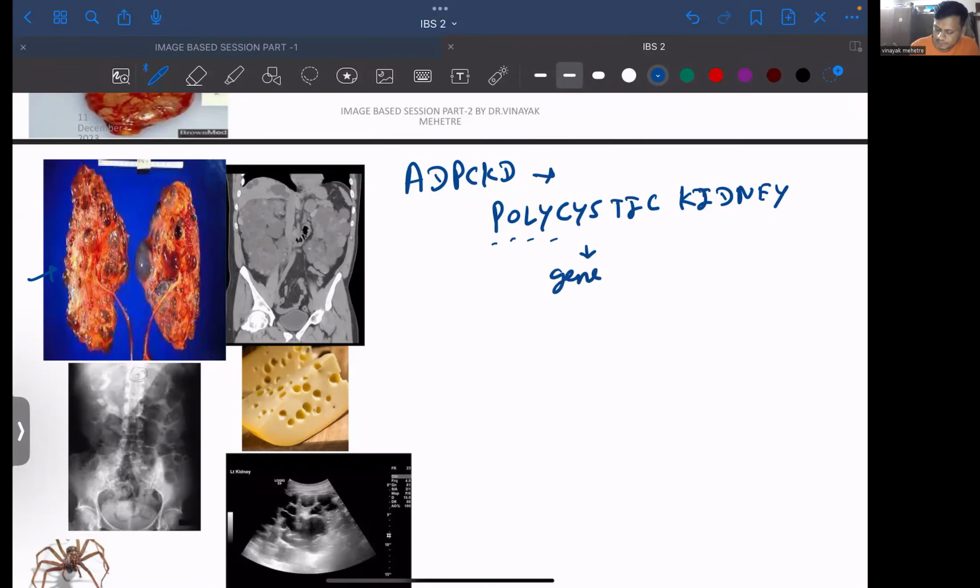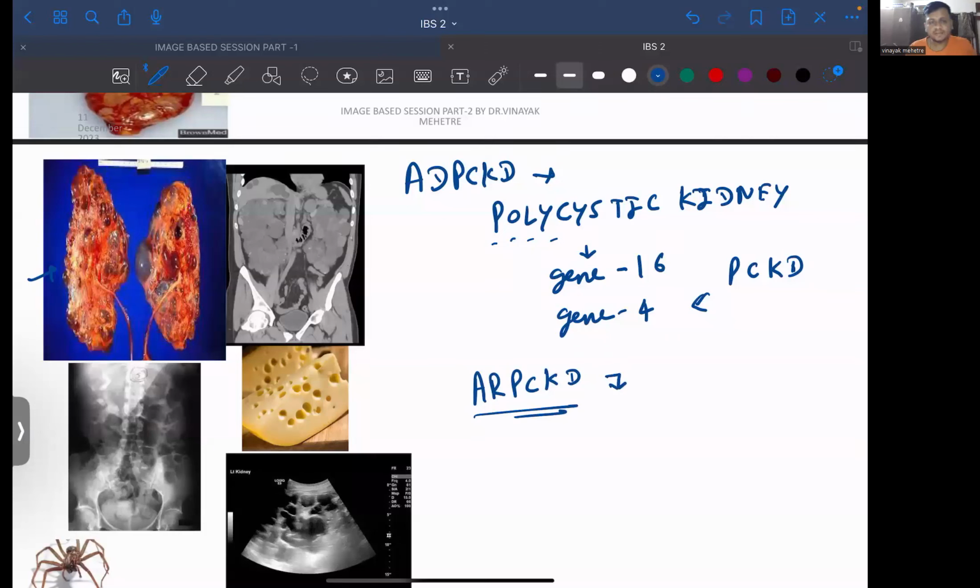It is 16, right? And gene number 4, PCKD, right? Calculate the alphabets of PCKD, gene number 4. Then comes autosomal recessive PCKD.